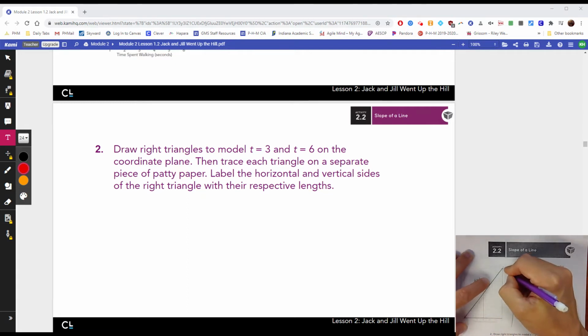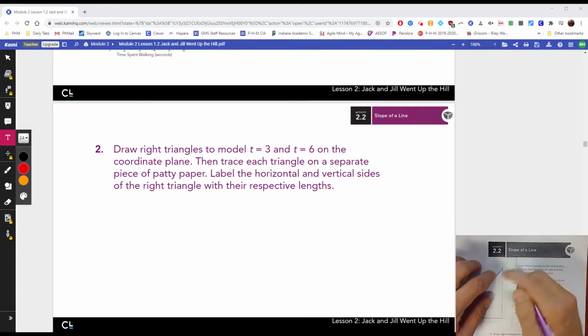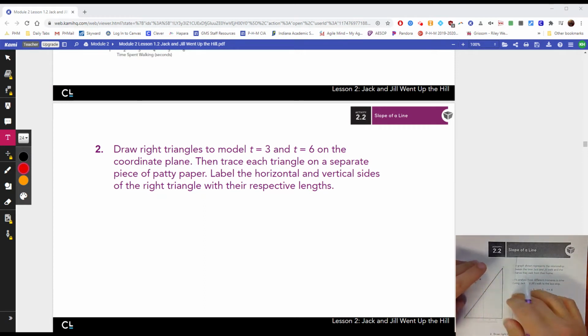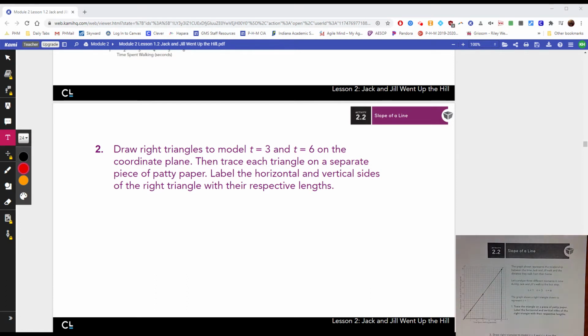Probably would not be a bad idea to have a straight edge as you do this, so you can make these nice and straight. And then let's label the horizontal side as 6, and the vertical side is 8. And again, that's when t equals 6. All right, so we've done that.